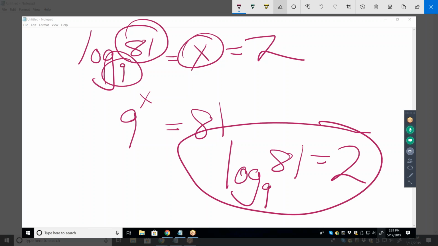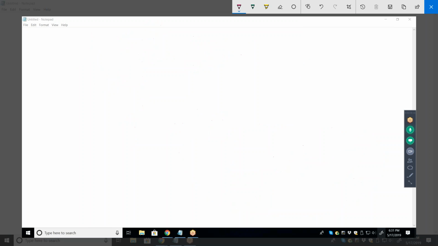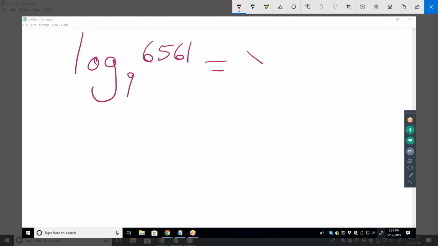So now let's go back to your problem. You had log base 9, and what was that big number? Well, I'm going to let that equal x. Now I got 9 to the x equals 6,561. Do you have a calculator?